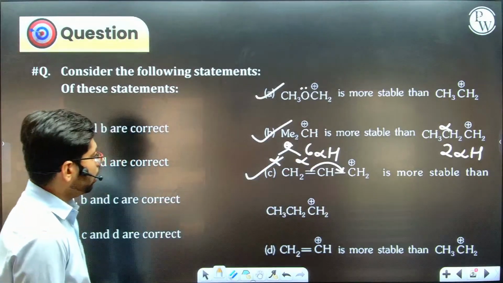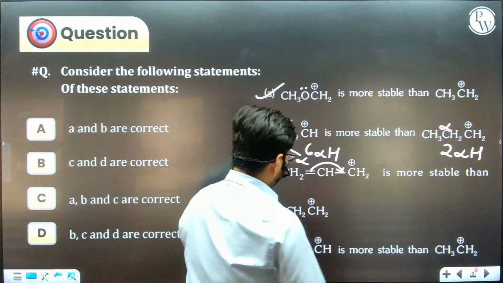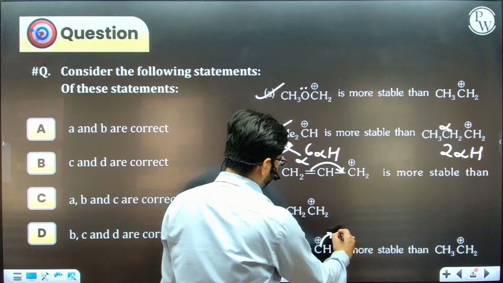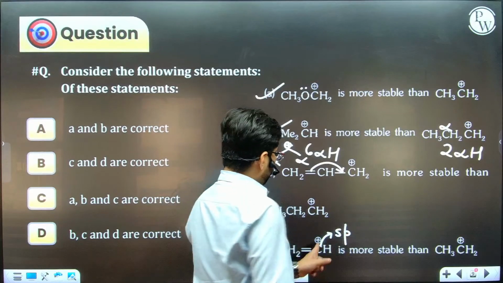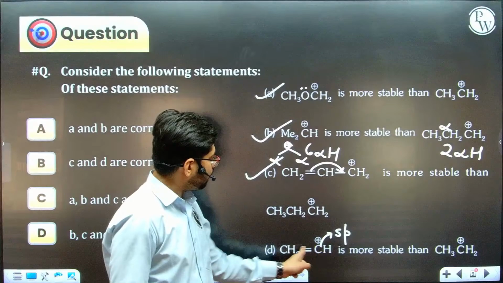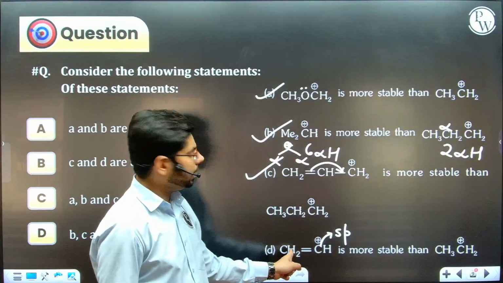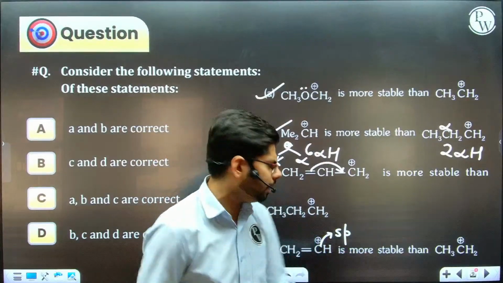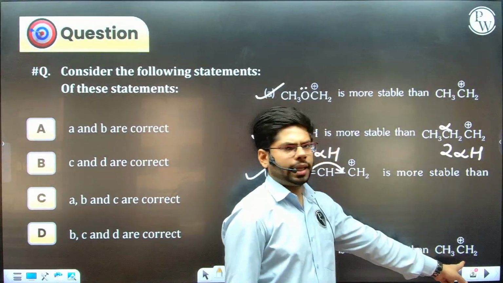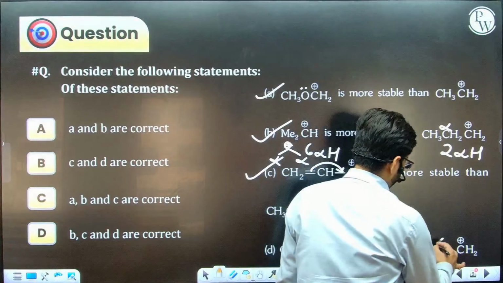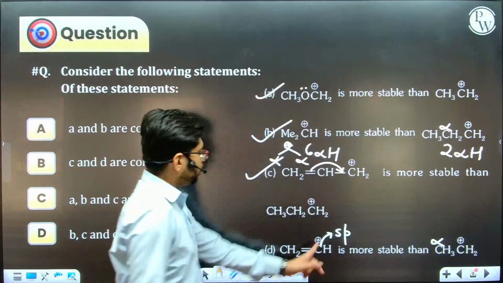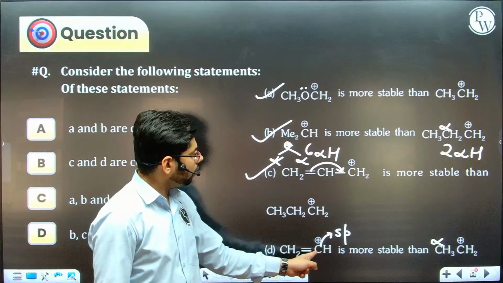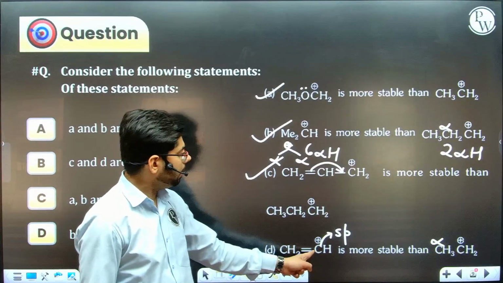Next one. Now this is a wrong statement, because if you notice carefully, the hybridization of this carbon will be sp. The positively charged carbon is placed on this carbon and there's a double bond. So this is a vinyl cation, right? A vinyl cation is not formed, it is highly unstable. This is an ethyl cation, so I can say that here this is less stable. In fact, this is highly unstable because the hybridization of this carbon atom is sp, vinyl cation.